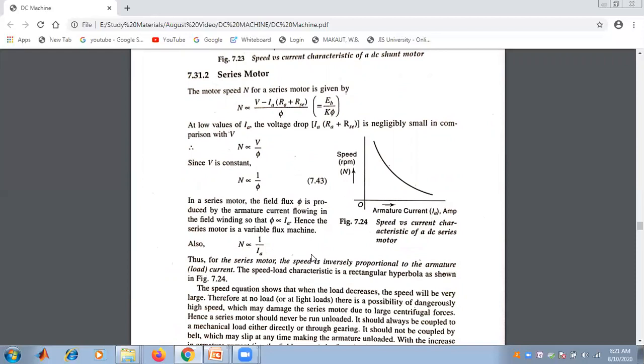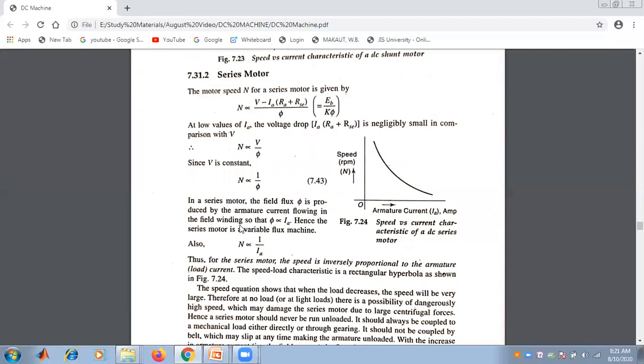So we can write that in case of the series motor, phi is proportional to Ia. Hence, the series motor is a variable flux machine where N is proportional to 1 by Ia. Thus, for the series motor, the speed is inversely proportional to the armature load current.